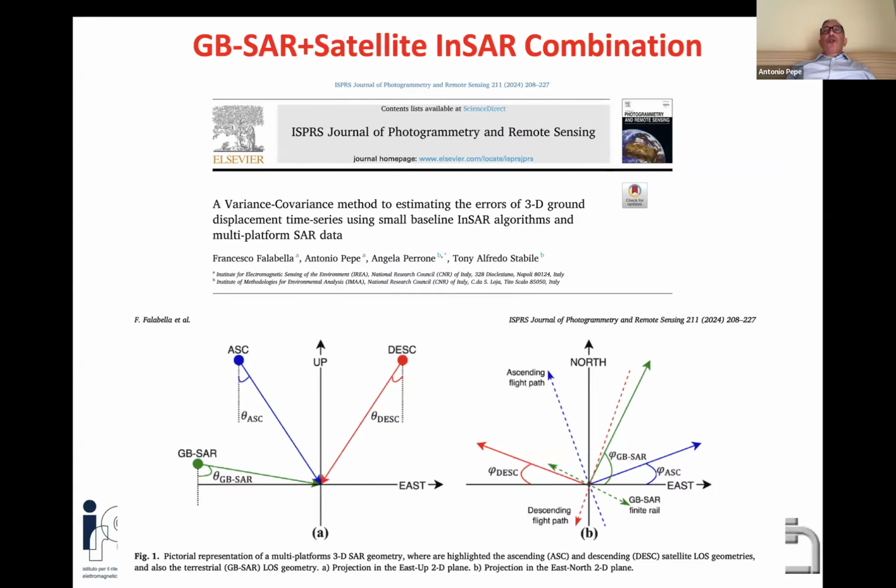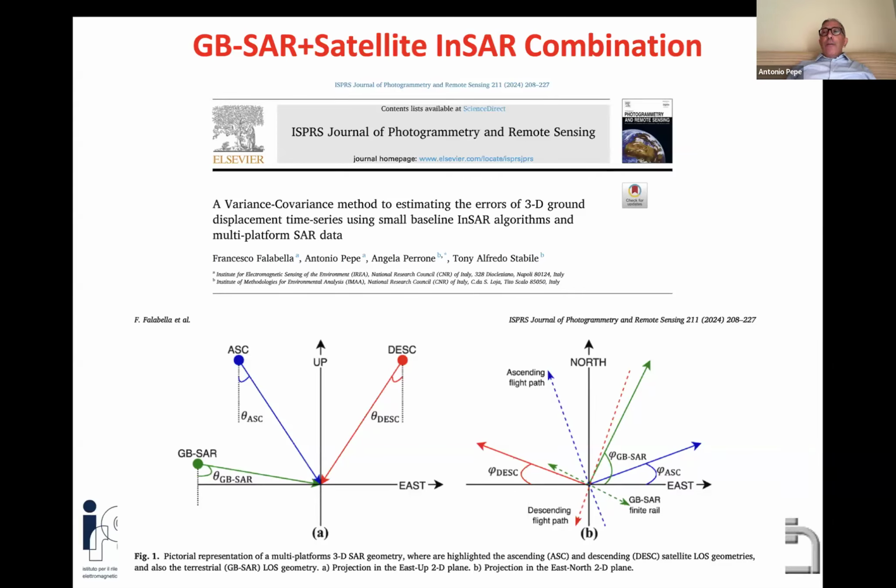As I said before, of course, not only satellite data can be combined, but in theory also ground-based data. So a further step is to apply the same general framework to a hybrid case where we have two or more satellite datasets and one or more ground-based SAR instruments mounted on the ground.